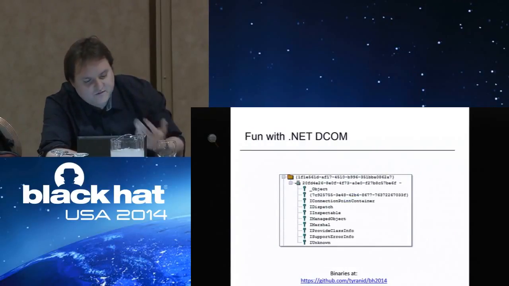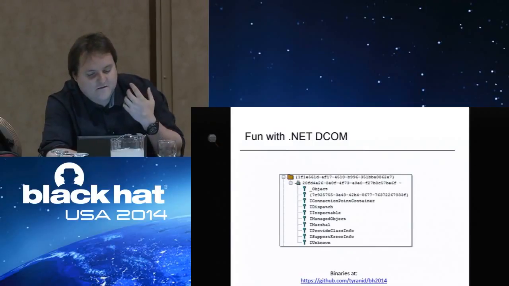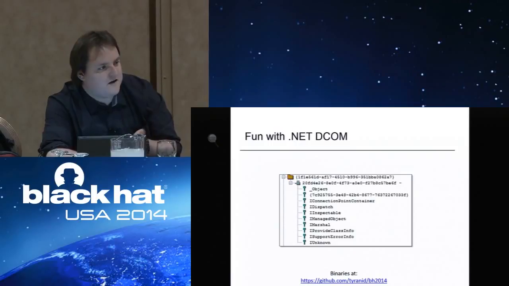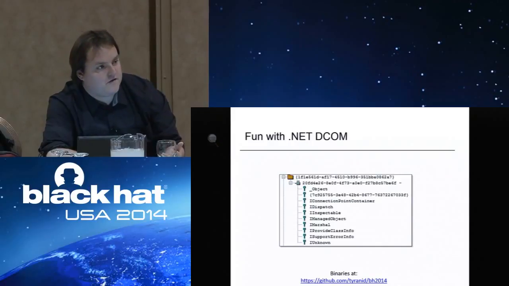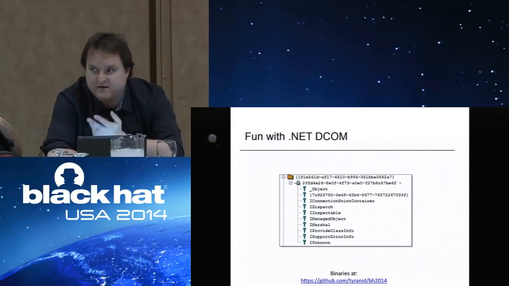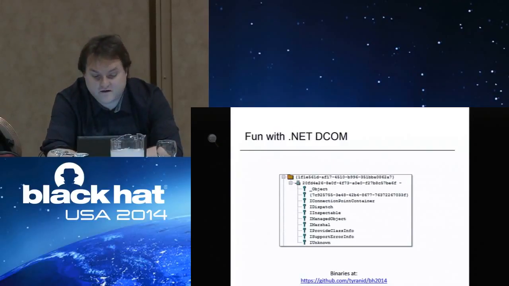So the nice thing about COM is the multiple interfaces implementation I mentioned in the first session. Each COM class can potentially implement multiple different interfaces, different ways of viewing that object, different functions you can call on that object. And .NET's implementation of COM is no different.